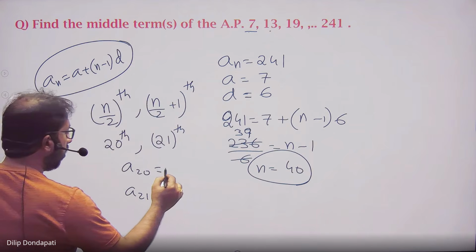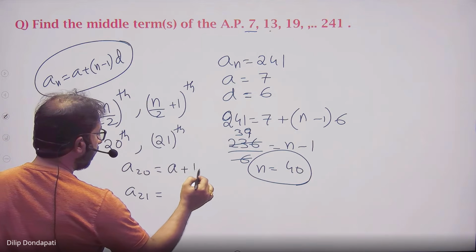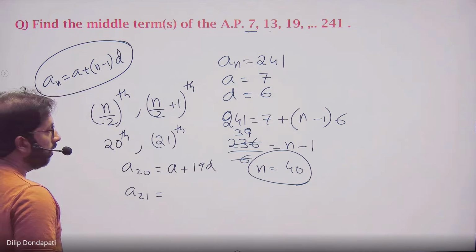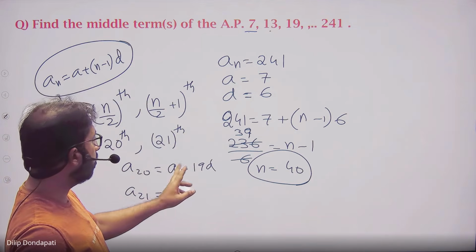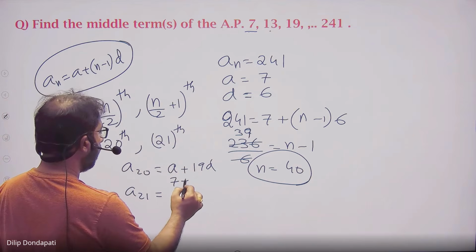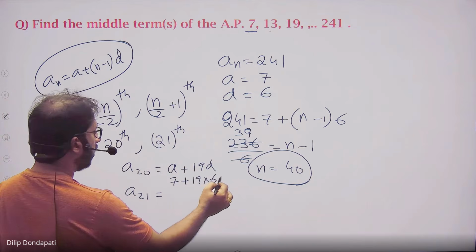A20 का फॉर्मूला क्या होगा? A plus 19d. सब करो 7 plus 19 into 6, कितना कैलकुलेट करो.